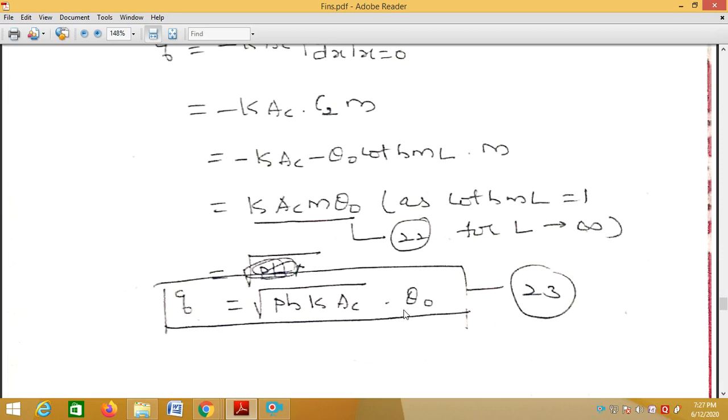So this is the equation for the heat transfer through a fin which is infinitely long.